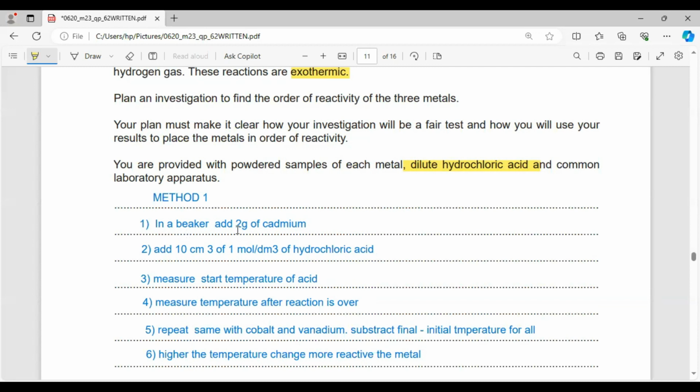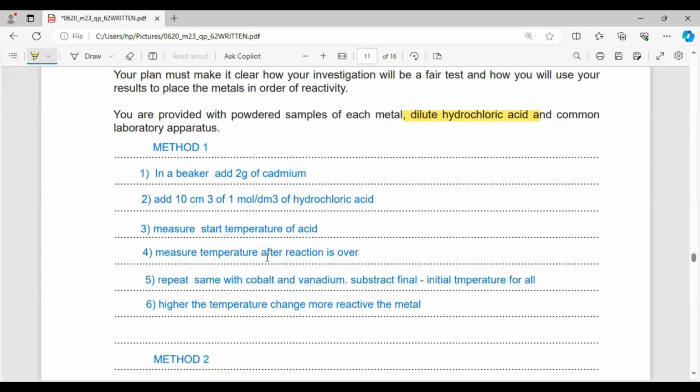In a beaker, add 2 grams of cadmium; you have to state the mass of metal used. Then add 10 centimeter cube of 1 mole per dm cube hydrochloric acid. So we have to mention the volume and concentration of hydrochloric acid used here. Before the start of the reaction, we have to measure the temperature of the hydrochloric acid if you are using the temperature change method.